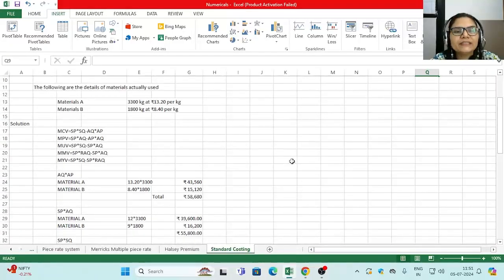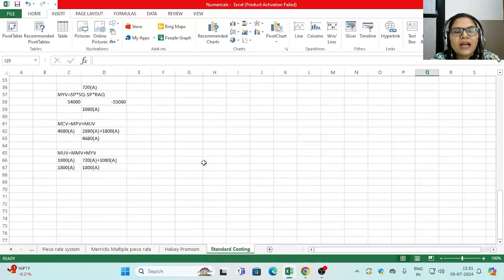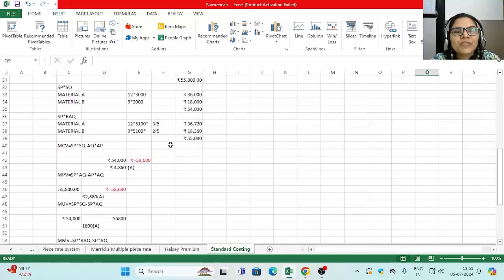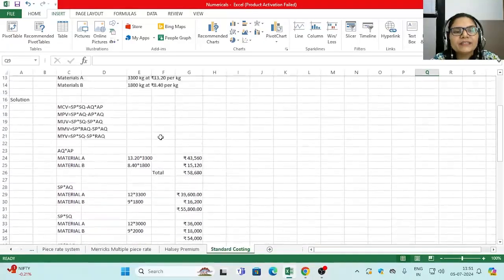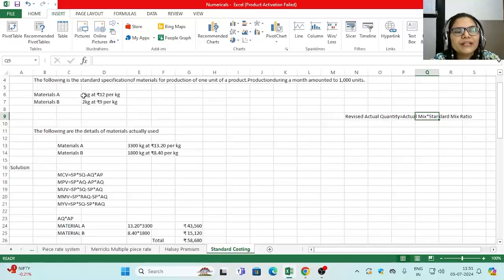Actual mix is 3300 plus 1800, 5100, and the standard mix ratio is 3 divided by 5 for material A, and 2 divided by 5 for material B, since 3 plus 2 is 5.